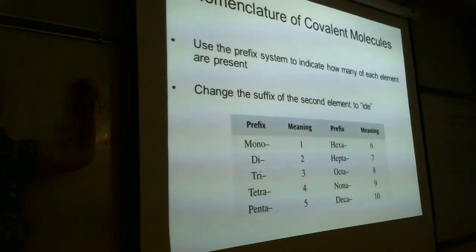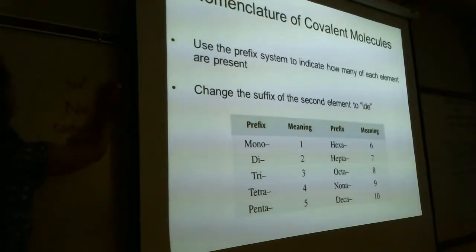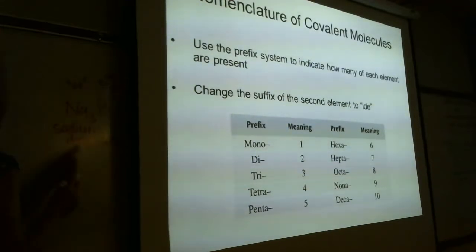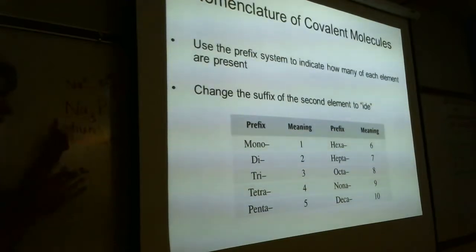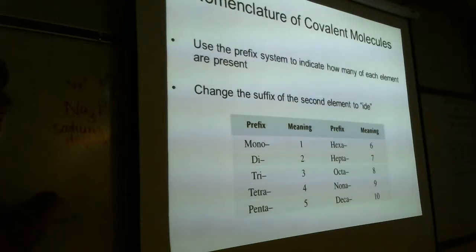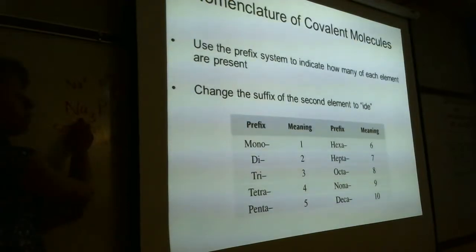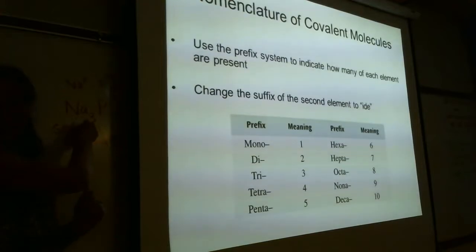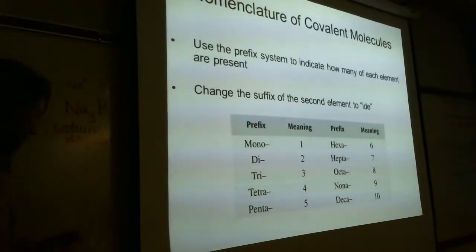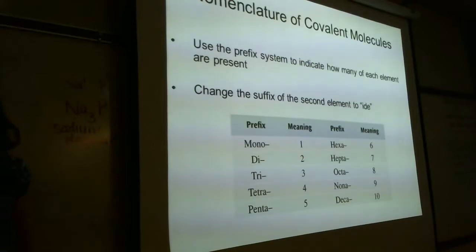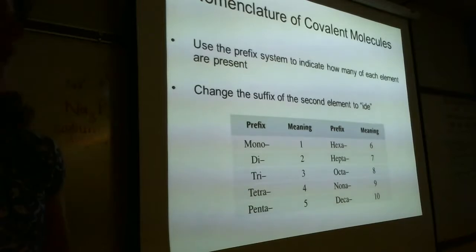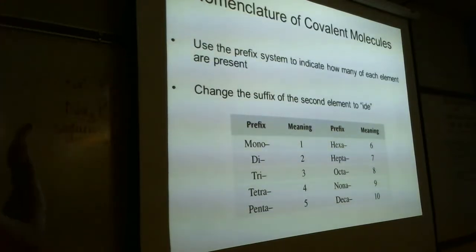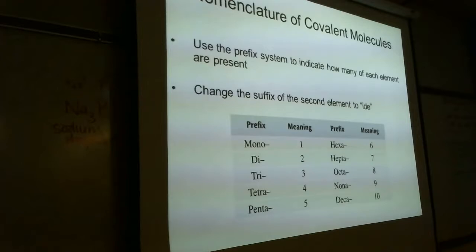That comes from Na+ and P3-. Does that 3 factor into the name at all? No, it doesn't. In covalent naming, those subscripts do factor in. The subscripts are part of the name. That's another dead giveaway between ionic and covalent bonding, because you're not going to see tri and penta and tetra and octa in ionic nomenclature, but you will see it in covalent nomenclature, because that's a big difference.